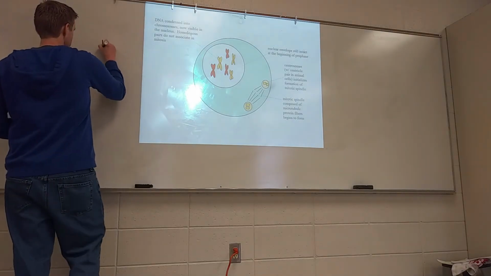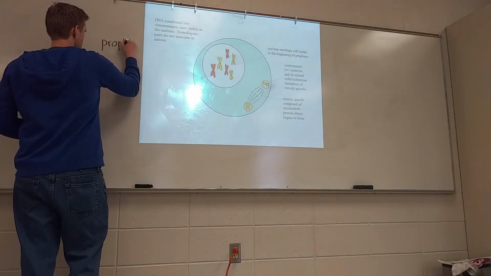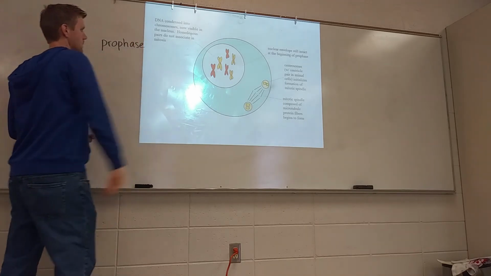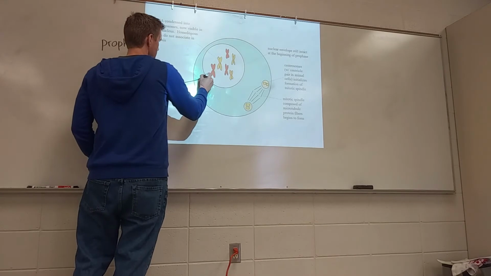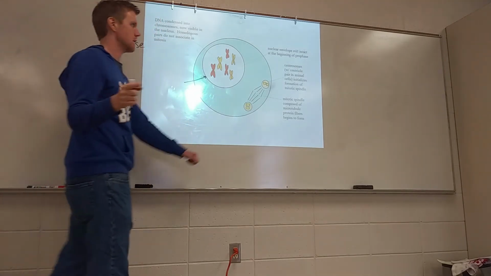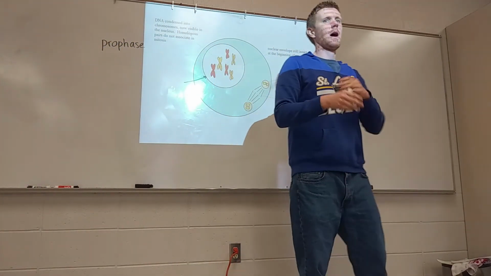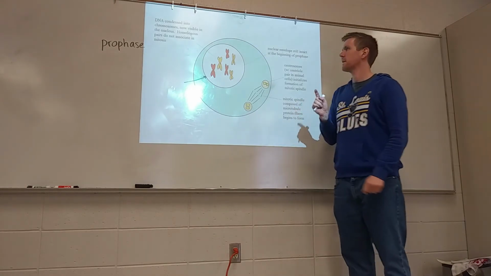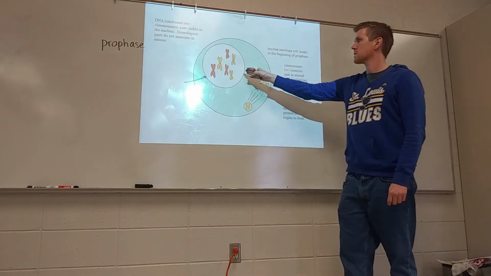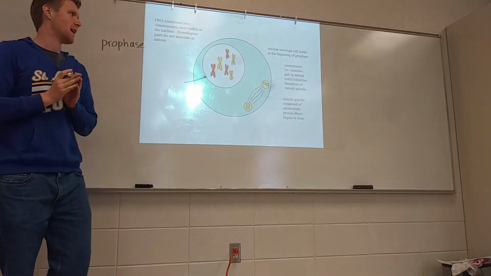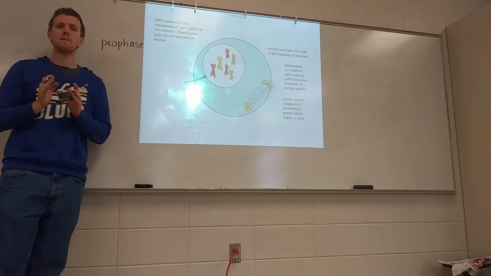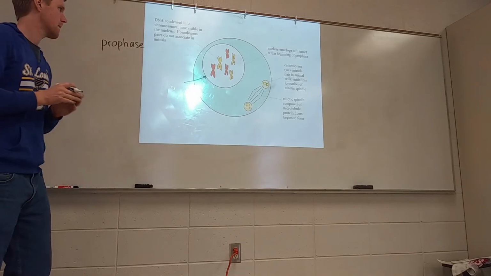So this is prophase. This is right when mitosis is about to begin. Things to note. The nucleus is still intact. The nuclear envelope, that's the outer membrane of the nucleus, is still intact. By this point, DNA has condensed into the chromosomes. It's not in the chromatin stage still.